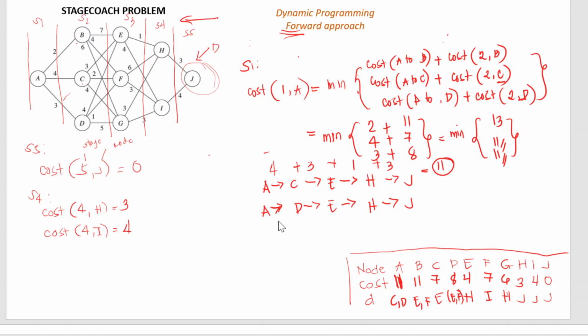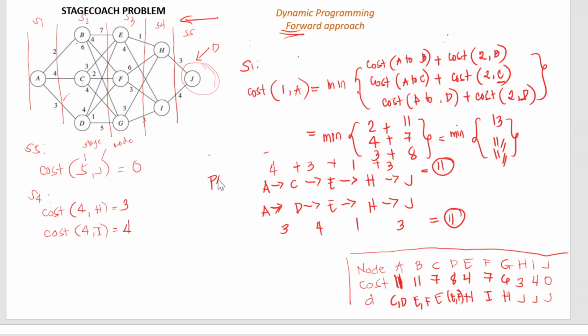Trying to get the total values here, we have A to D is 3, D to E is 4, E to H is 1, H to J is 3. That would be 4, 7, 8, 9, 10, 11. 11 also.